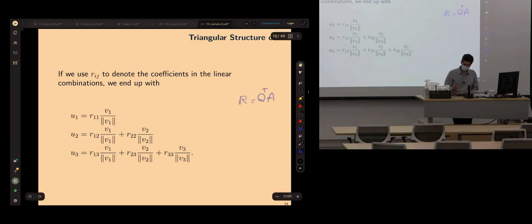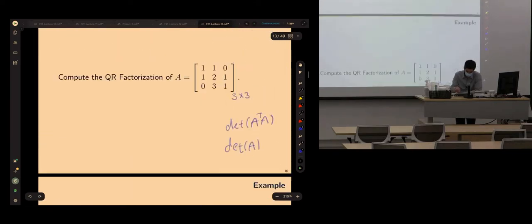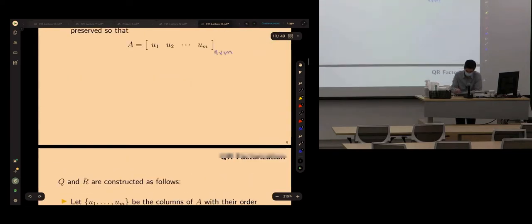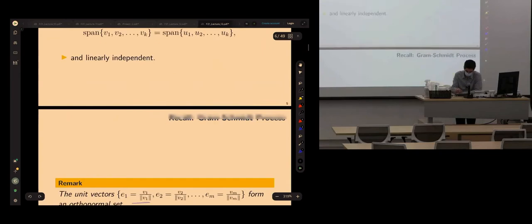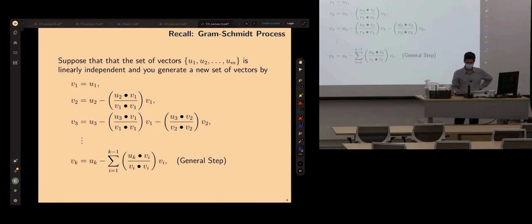Now, you recall that the Gram-Schmidt process was doing something like this. It's easier to go back all the way to here. Now, at every step here, you can say R11 times U1.